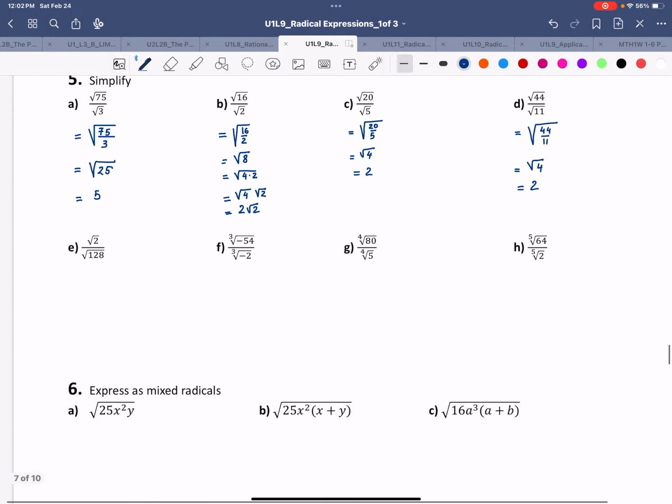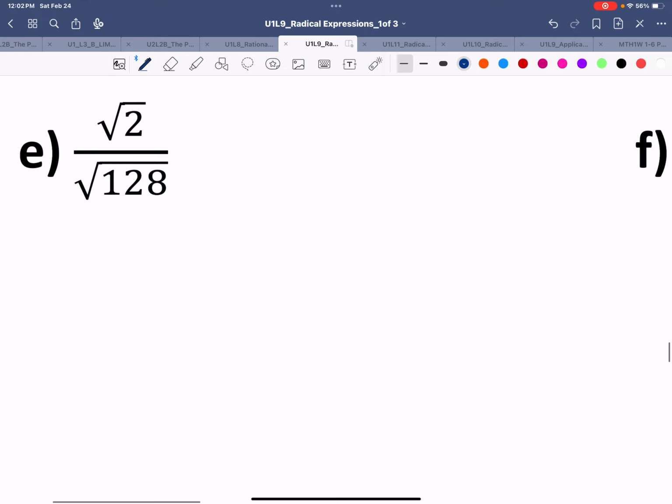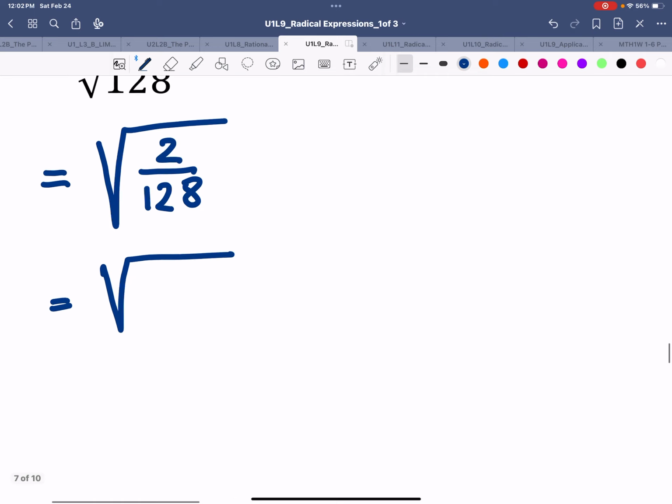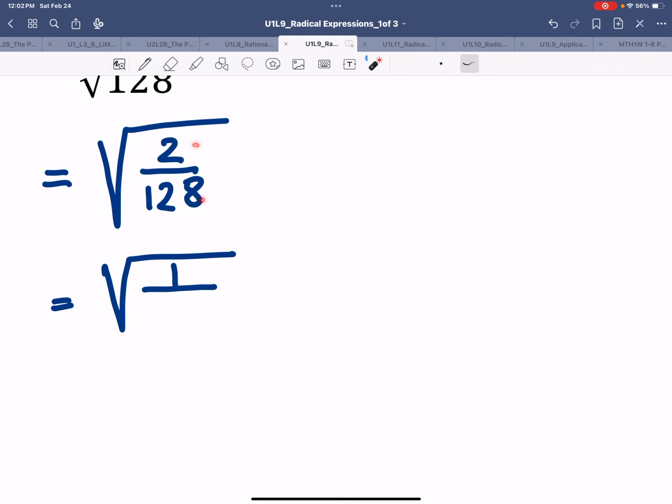So next question, we have square root of 2 over square root of 128. So again, the index is the same, index 2, which means we can rewrite this as a single radical, 2 divided by 128. So simplify the fraction. So both divisible by 2 because both even numbers. 128 divided by 2 is 64.